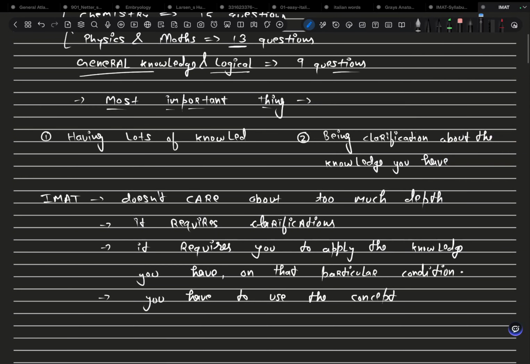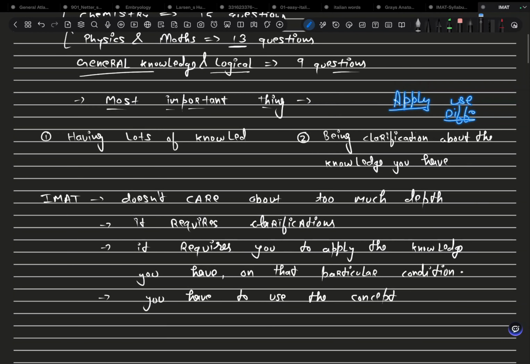The second type requires limited knowledge, but you need clarity about all the knowledge you have, and how you can apply it in different conditions.